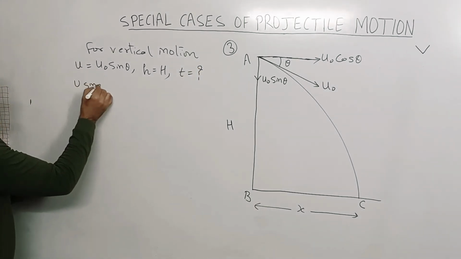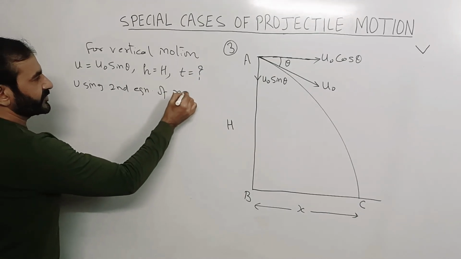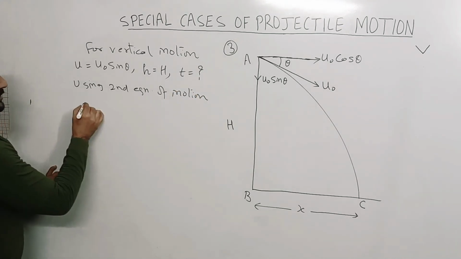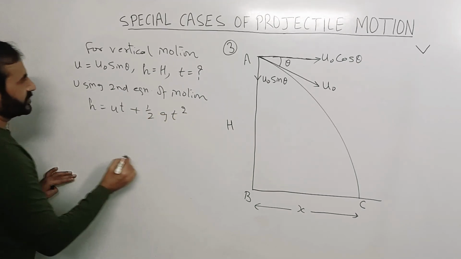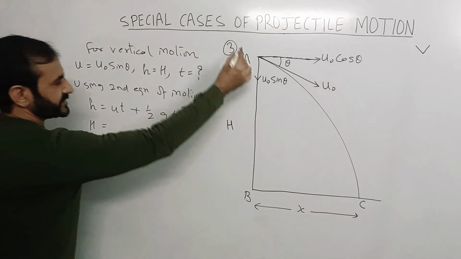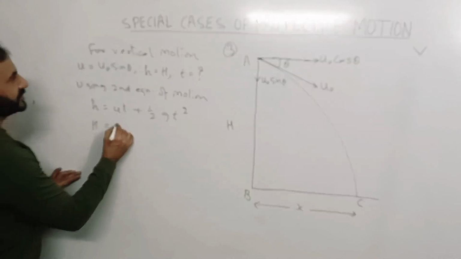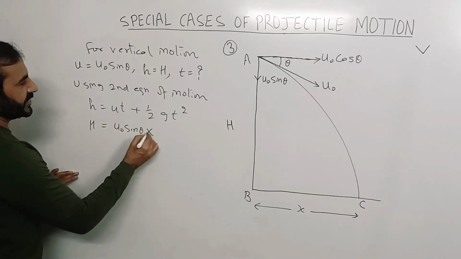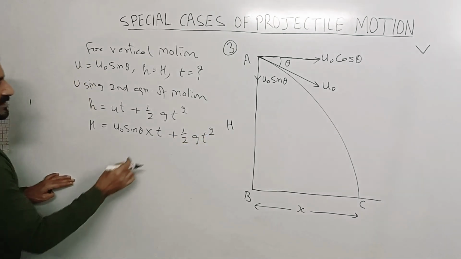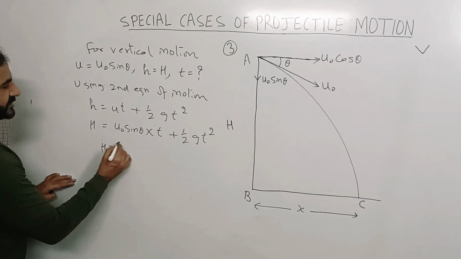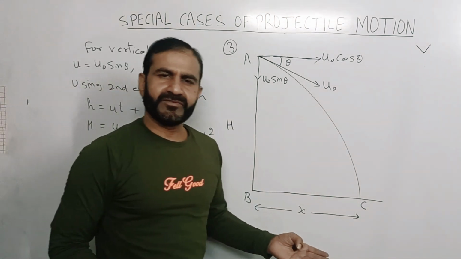Using second equation of motion, h equal to ut plus half gt square. What is h? Capital H. This height is covered with initial velocity u naught sin theta. Ut, what is u? U naught sine theta into t plus half gt square. Solving this equation you can find h or t. Obviously one of them, either h will be given or t will be given.